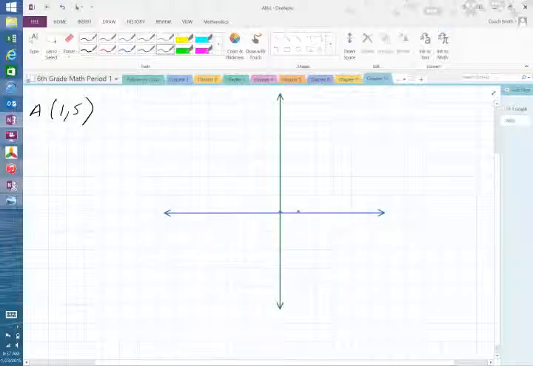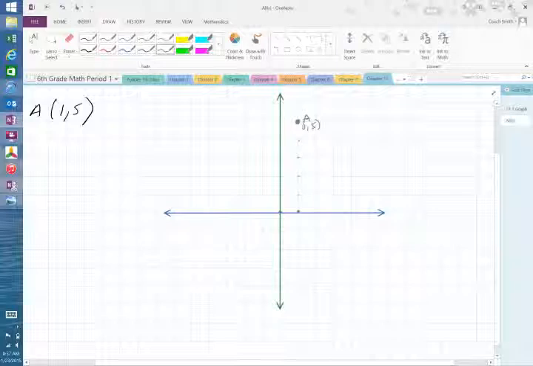Now, that's not where I'm stopping. Do I go up or down for the y coordinate? Up, and I go up how many? Okay, so I go 1, 2, 3, 4, 5. So there's my point. I'm going to label it with an A, and I'm going to put underneath it the coordinates 1, 5.